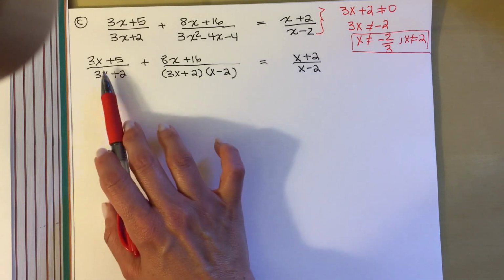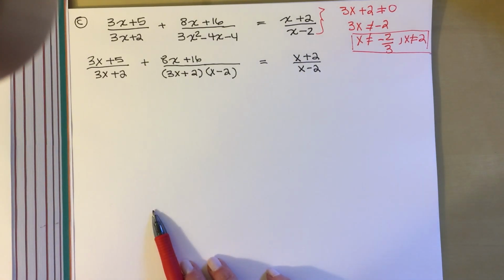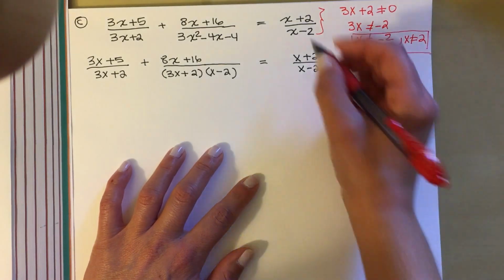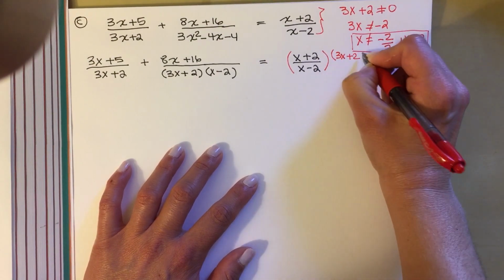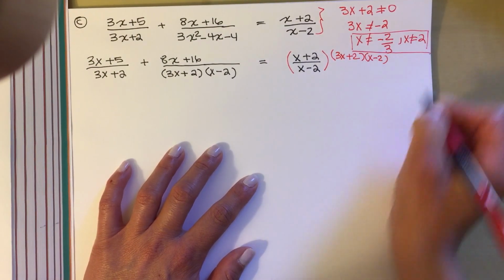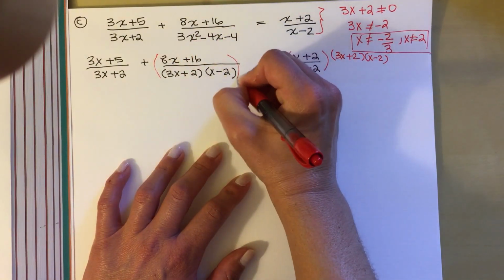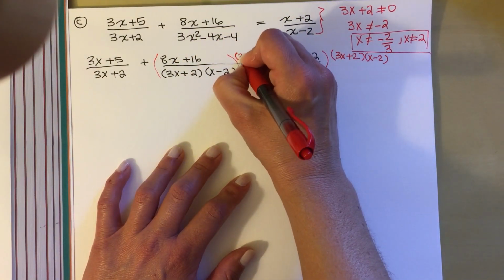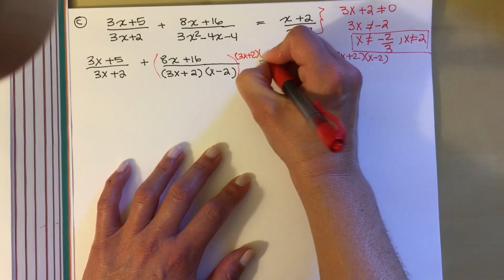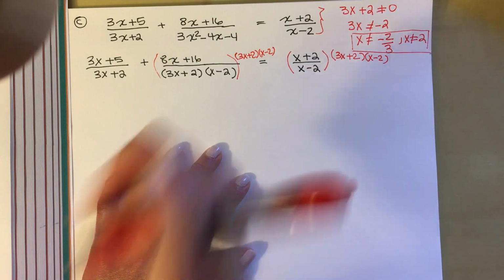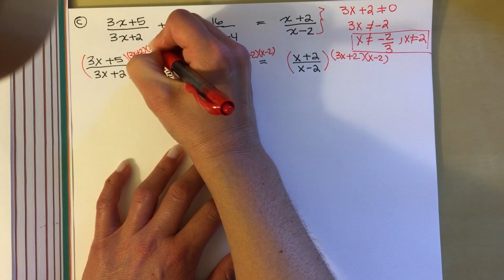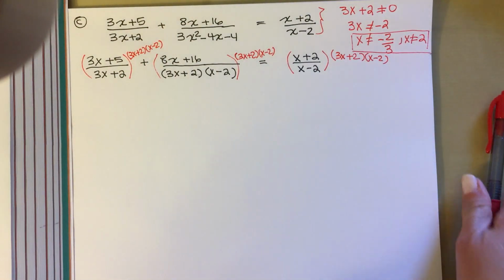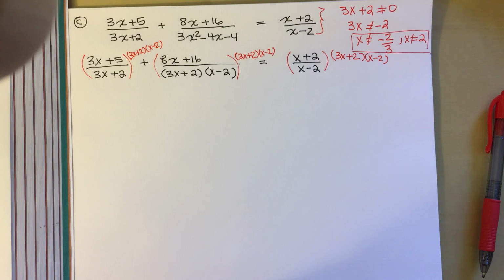We need to multiply all three parts by the LCD so that we can eliminate fractions. So let's see what this is going to look like. Remember, when you multiply, you will be reducing.